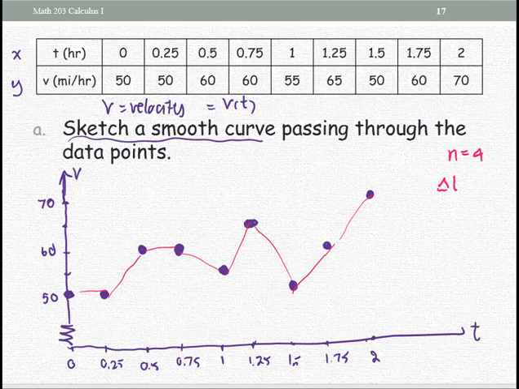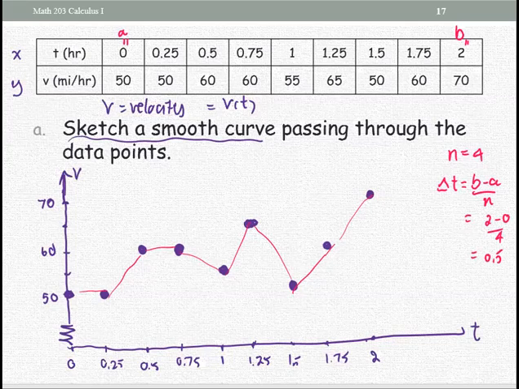It's going to be delta t, or the difference of t from one point to another, which is from the total length, the difference of a and b. Your a is 0, your b is 2. So b minus a divided by n, or 2 minus 0 divided by 4, or 1/2, or 0.5.